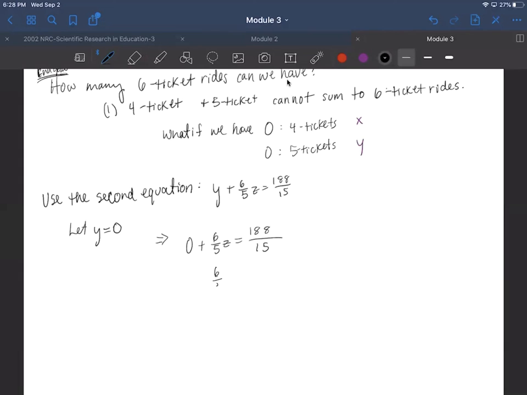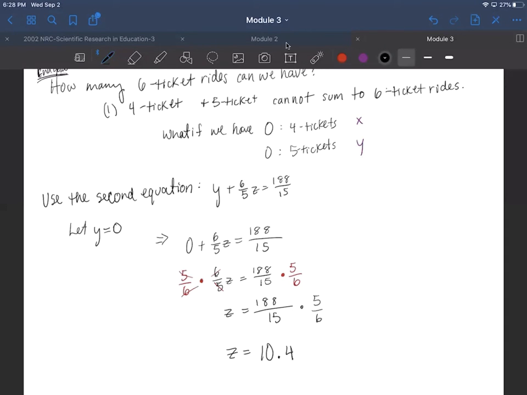I'm just going to rewrite it one more time. Remember, we're solving for Z. To eliminate this fraction from the Z, I'm going to multiply by 5/6 on both sides so that we can cancel it out. And we'll be left with Z equals 188 over 15 times 5/6.